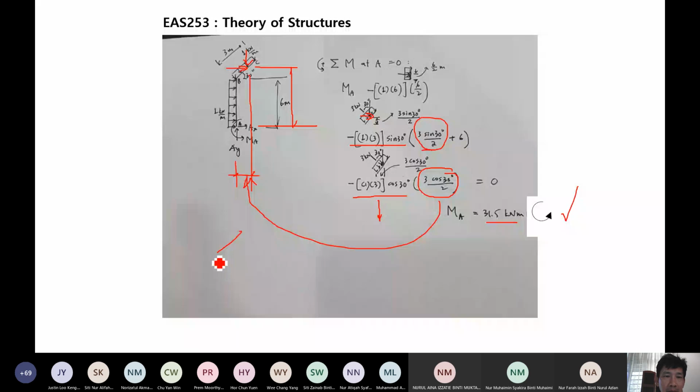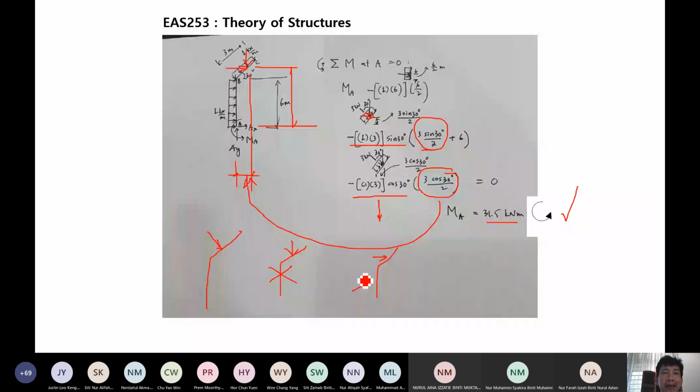So it is acting perpendicular to the member. It is not acting vertically, it is not acting horizontally. It's not like this, but it is acting at 90 degrees to the inclined member.